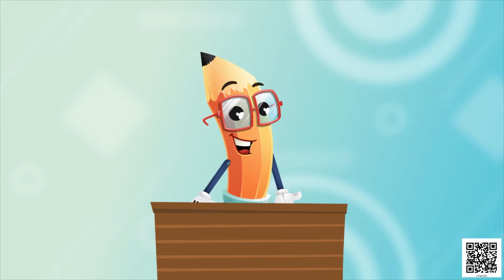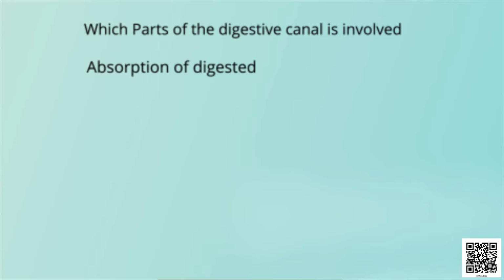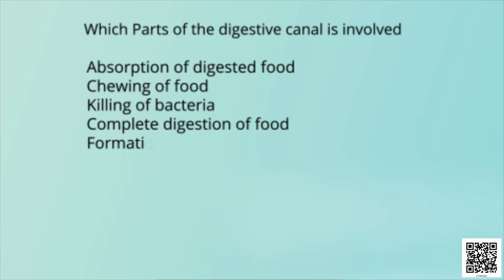So, students, now my next question is: which part of the digestive canal is involved in first, absorption of digested food; second, chewing of food; third, killing of bacteria; fourth, complete digestion of food; fifth, formation of feces?